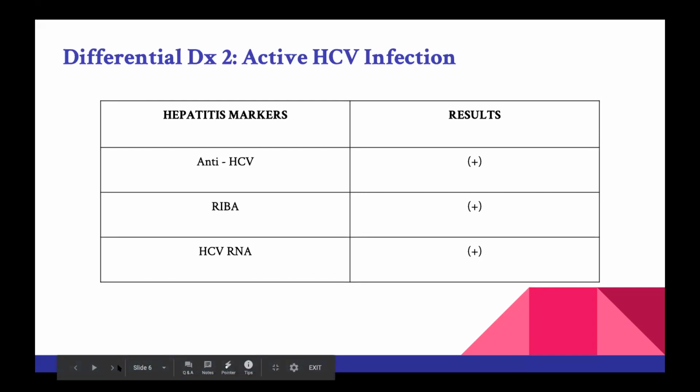Okay, for differential diagnosis number 2, we have active HCV infection. As you can see on the screen, we have 3 hepatitis markers.